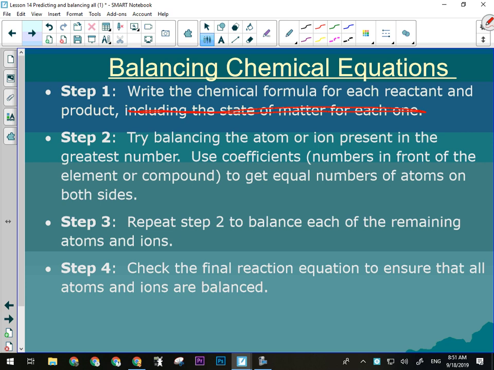I have a lot of people that are going back and forth and like, whoo, sweet, I'm done, and then they forget to double check and don't see that the last number they wrote offset something. Then they get it wrong because they just didn't go back and double check. Always make sure you go back and double check at the end. All right, questions on that?